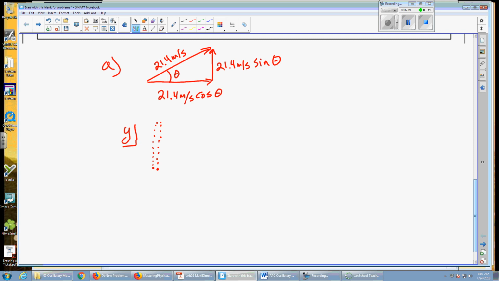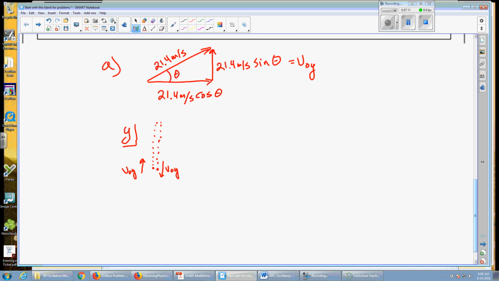And whatever velocity it started up with here, call that v naught y, it's going to end up with that opposite velocity. Right? Because it's landing at the same height. It has just the same amount of time to go up as it has to come down. Now that's not true if it doesn't land at the same height. But since it does, I'm going to use that factor.